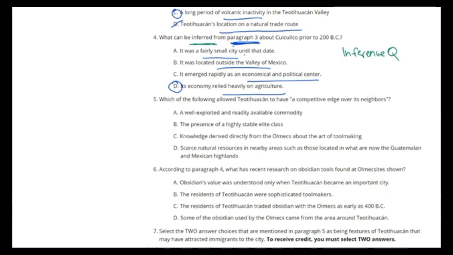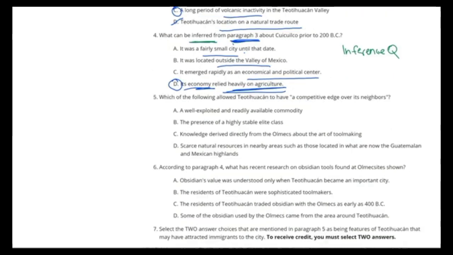If the text tells you that a city was seriously affected by a volcanic eruption and much of its agricultural land was covered by lava, the fact that much of its agricultural land was covered by lava is the reason why the city was seriously affected. And if this is the reason, this means that agriculture must have been important for this city. And from that, we can infer, okay, its economy relied heavily on agriculture.